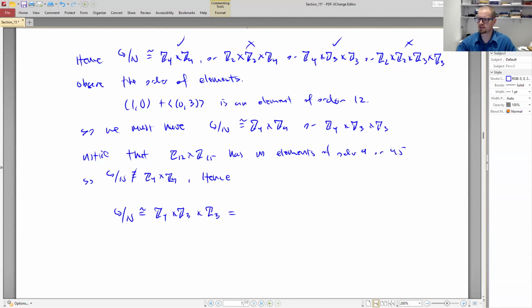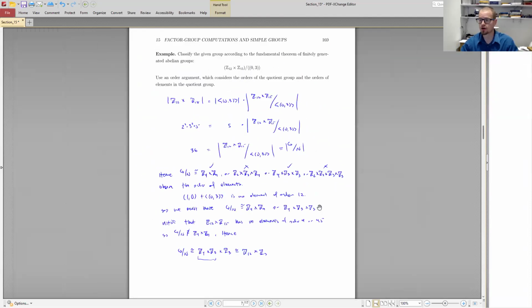And of course, if you take a quick look here, Z4 cross Z3 is isomorphic to Z12, so we do have that this is also isomorphic to Z12 direct product with Z3, which is the same thing that we had said in the previous example, right? So we have the same conclusion. We phrased it a little bit differently, or looked at it a little bit differently, obviously with a different argument, but this gets us the same final result.